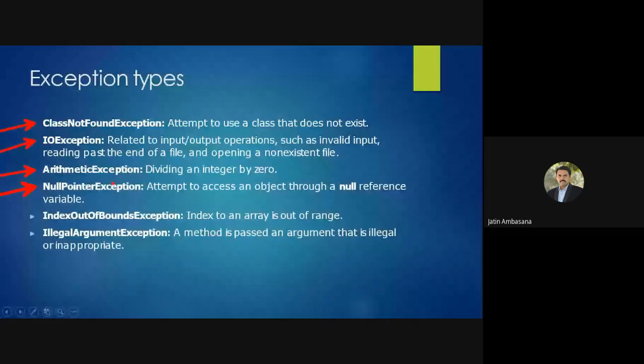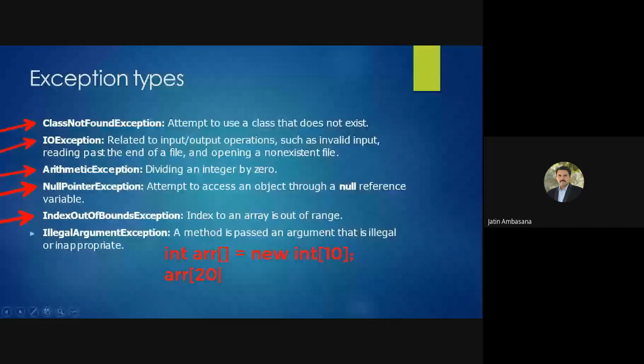Then we have index out of bounds. If you try to access an index of an array which is out of the range, suppose you have declared an array int arr of 10, right? And now you say arr of 20, let's say, is equal to some value.